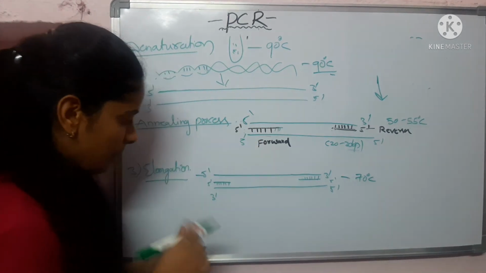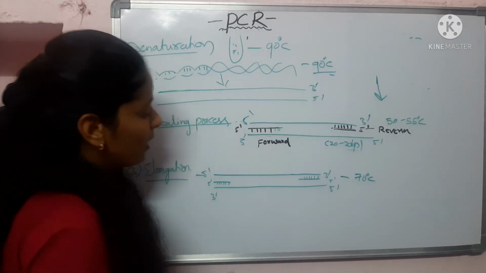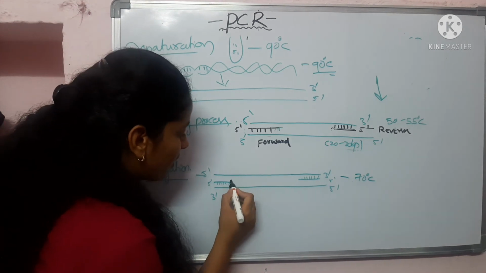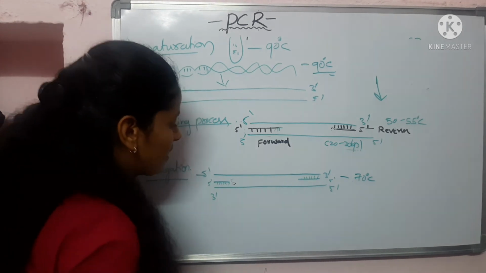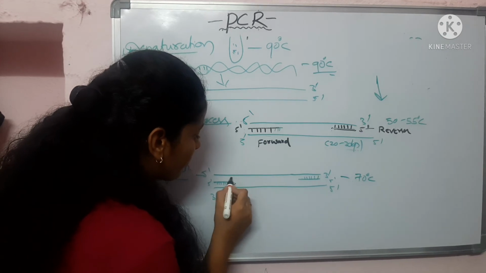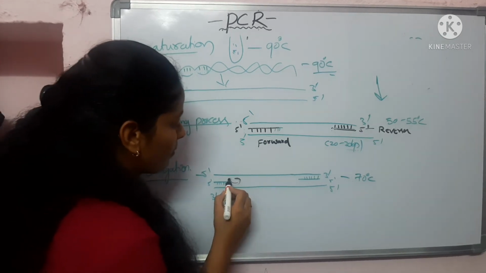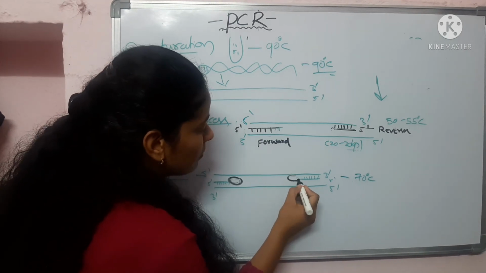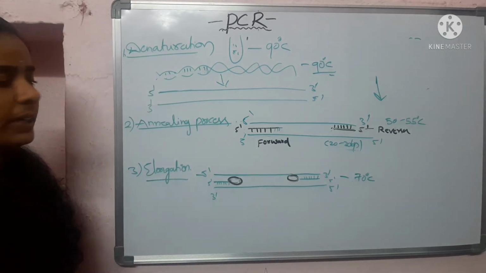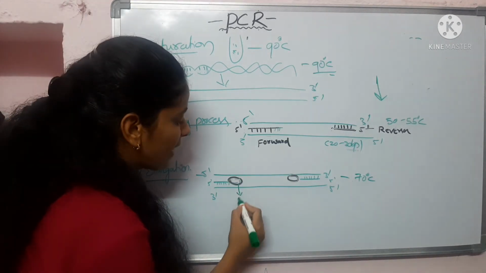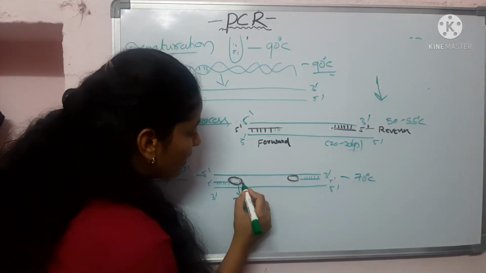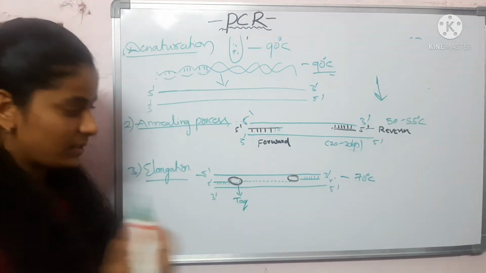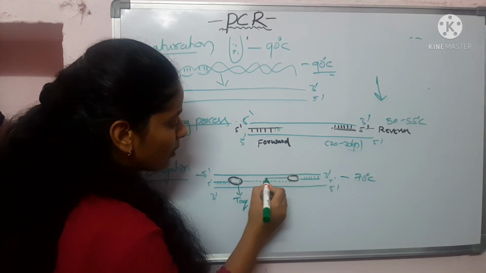In this elongation process, the Taq polymerase that we added, which is taken from the bacteria, will come and attach to the primer, so that the Taq polymerase produces DNA bases which are complementary to the DNA.